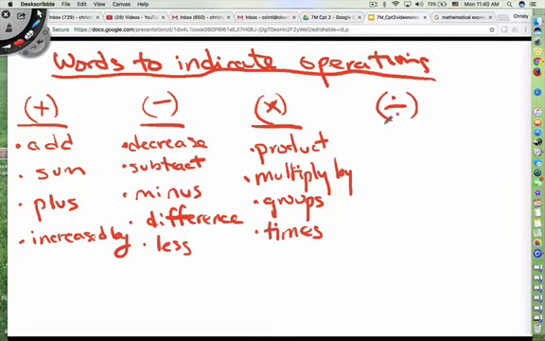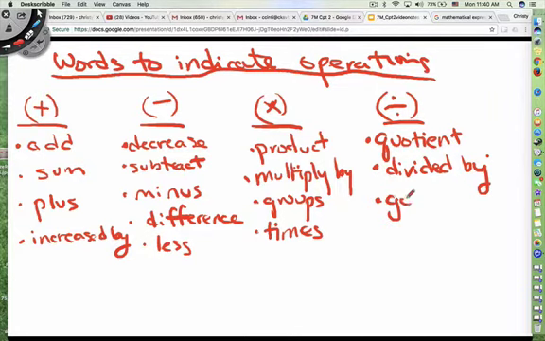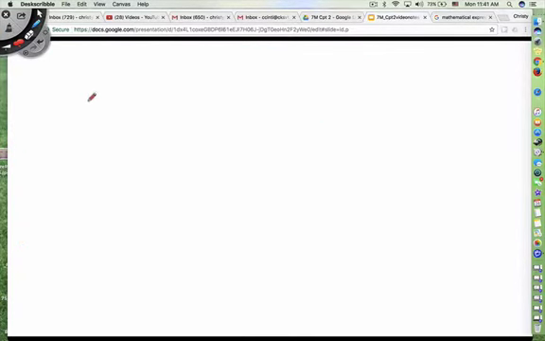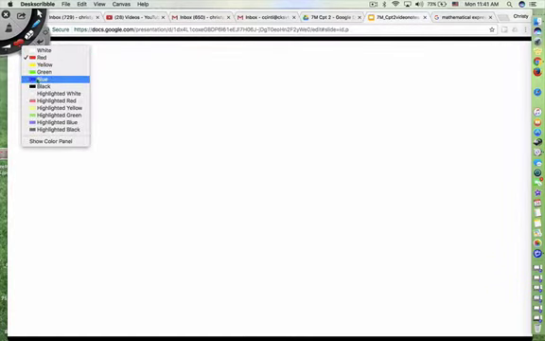And then division, we hear the word quotient. And then, you know, the really tricky one, divided by, or goes into. Okay, so these are all words, and then I'm sure you can add more. And then what you'll be doing for homework is to experiment with these sorts of things.